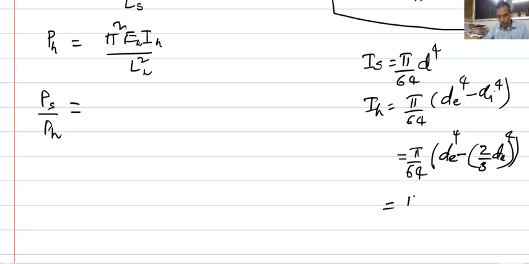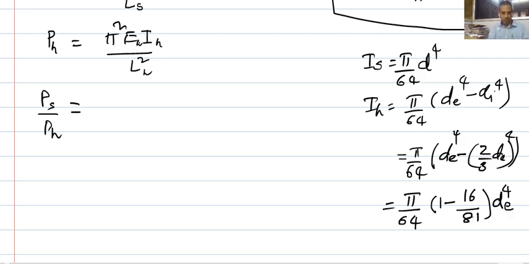So, how much do we get? Pi by 64, d e can be taken common, 1 minus 2 power 4. How much? 2 to the 4, 4 to the 8, 8 to the 16, 16 by 3, 3 is 9, 9 3 is 27, 27 3 is 81, whole into d power 4. I mean d is nothing but my, let us say, external diameter, okay.